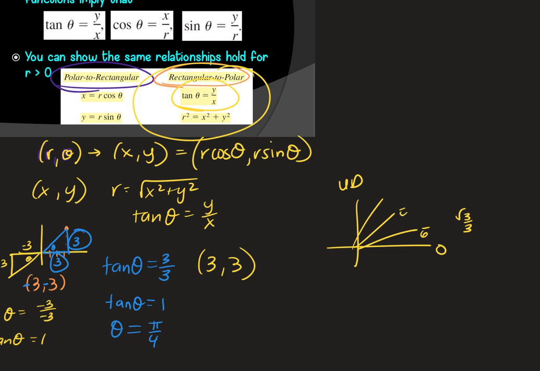At pi over 4, it's 1, and at pi over 3, it's root 3. Now I can change the signs on those middle 3. I can make it negative root 3 over 3, -1, and negative root 3. But without a calculator, it's only going to be one of those 5 values. And then you would pick based on where the original point is. And from there, you'll have your r and your theta.